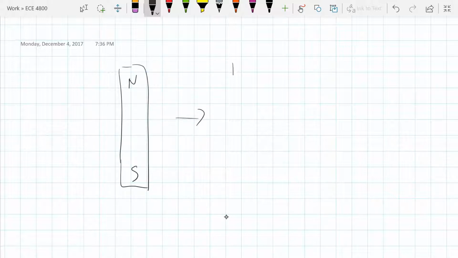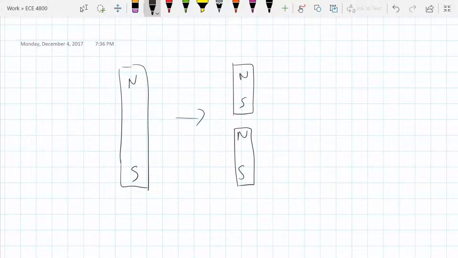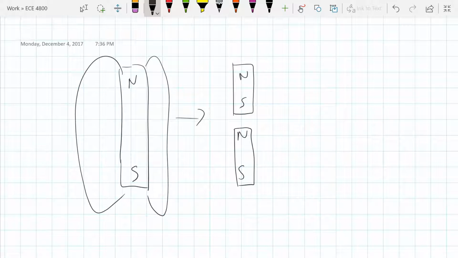After cutting it in half, you'll end up with north, south, and another one. Each piece will end up having its own north and south poles. So the field lines for this look like this.